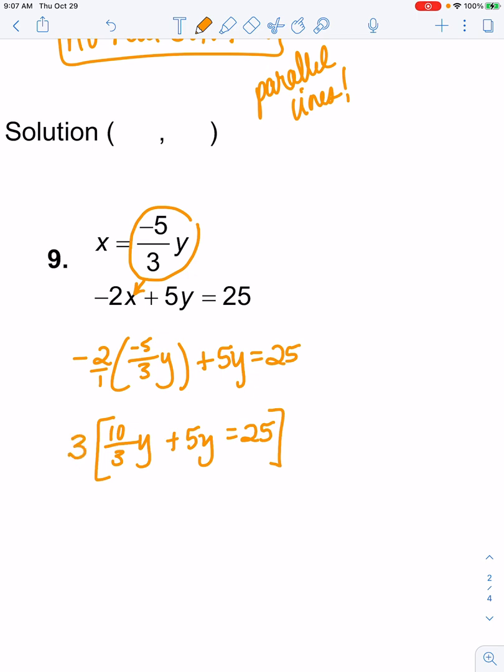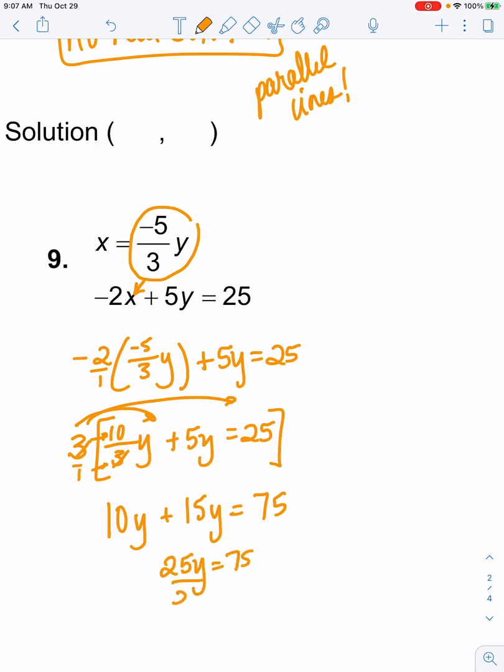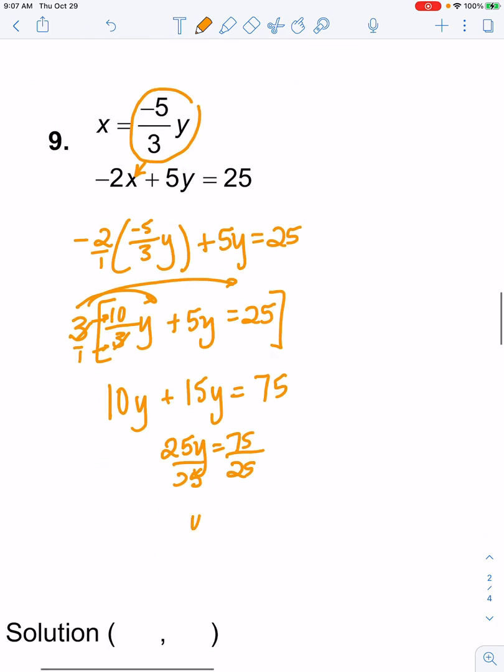Okay, doing so, again, this has a 1 underneath it, will create 30 over 3, which is just 10y. That's why we say that these cancel, okay? But I'm also still going to distribute this all the way across. So I've got 15y equals 75. Now I'm able to combine like terms, divide by 25, and I see that y is just equal to 3.